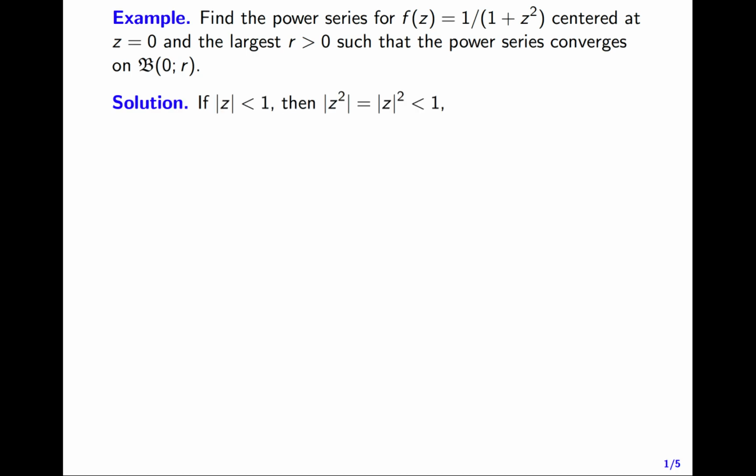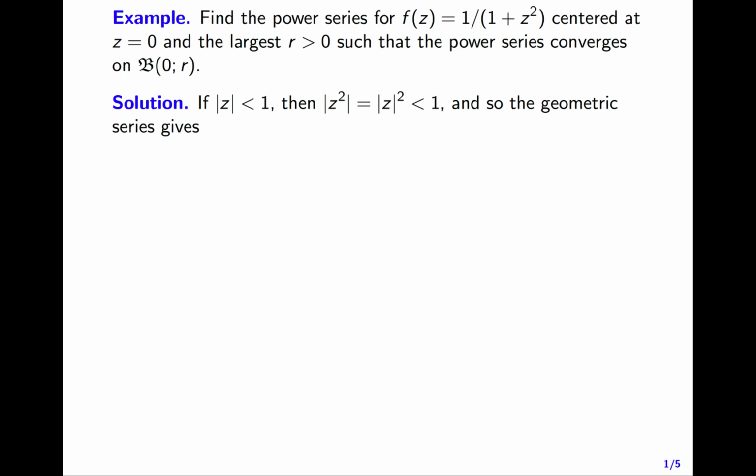So begin by observing that if z is a complex number whose modulus is less than 1, then the modulus of the number z squared is equal to the modulus of z squared. Now, because the modulus of z is less than 1, its square is also less than 1.